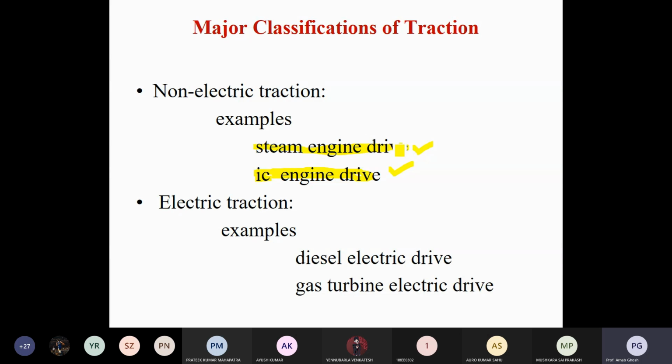Gas turbine means you are using the gaseous form of air, which is responsible for movement of the prime mover. Prime mover means the turbine shaft, which is directly coupled with the alternator shaft, so you get power generation and can use that electricity for your traction drives and internal electrification. These two concepts are important.